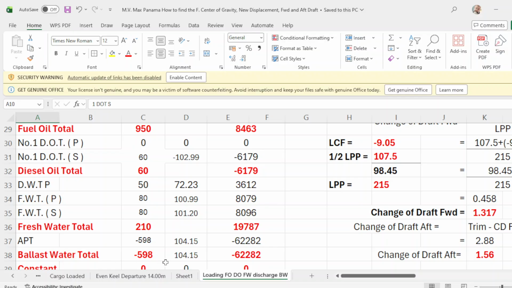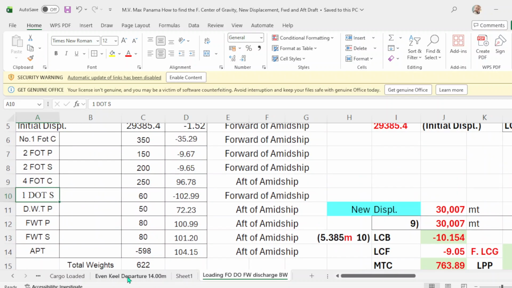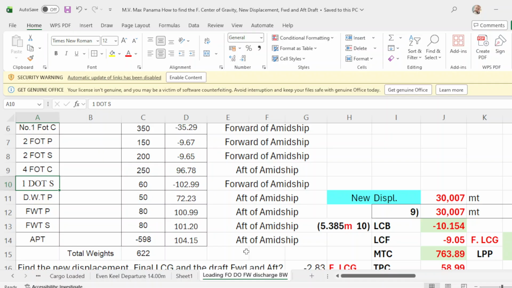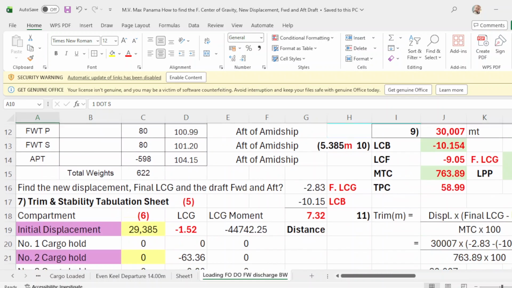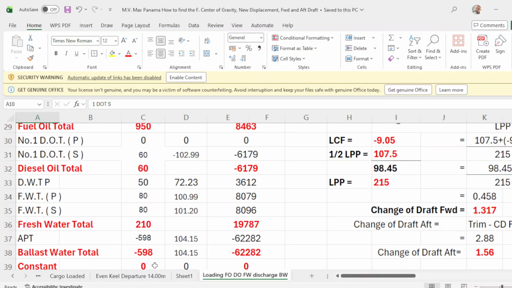Then you apply your after peak, of negative 598, plus your LCG, and this will be your ballast is negative 98, and total LCG moment is negative 62282.